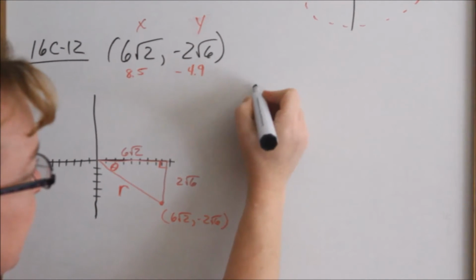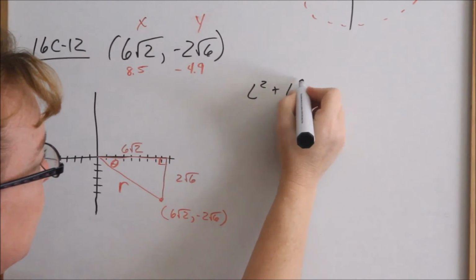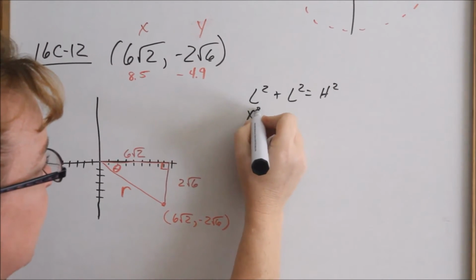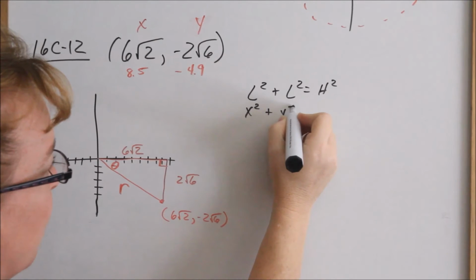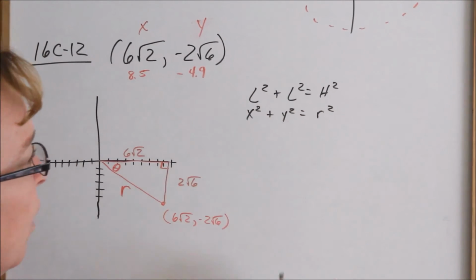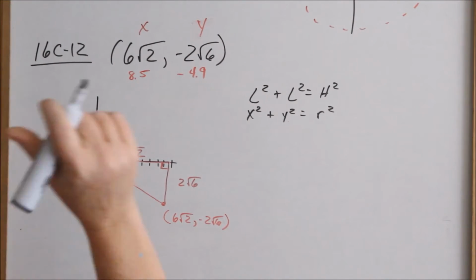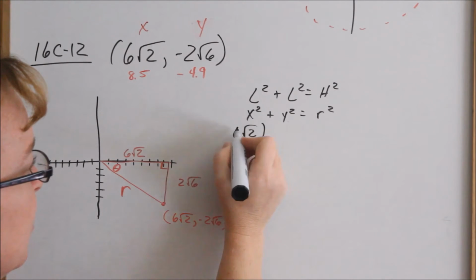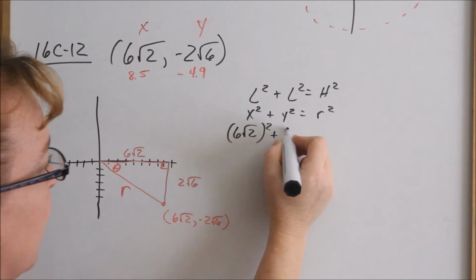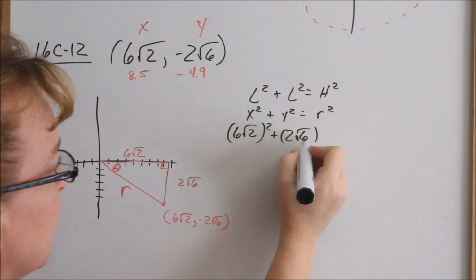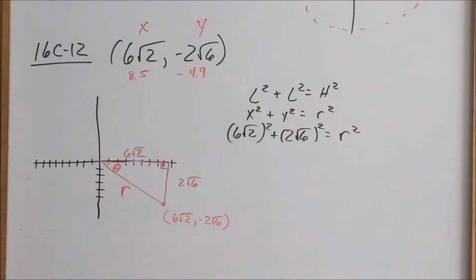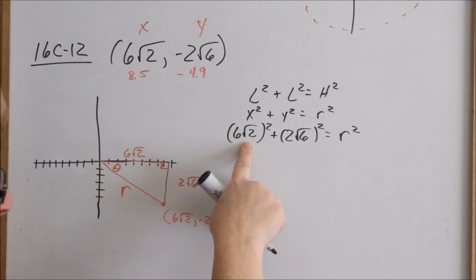If I wrote it, there's leg squared plus leg squared equals hypotenuse squared. In our case, it's an x and y. X squared plus y squared equals r squared, because this is my hypotenuse. So my x is 6 square root of 2 squared, my y is 2 square root of 6 squared, equals my hypotenuse squared. 6 square root of 2 times 6 square root of 2.